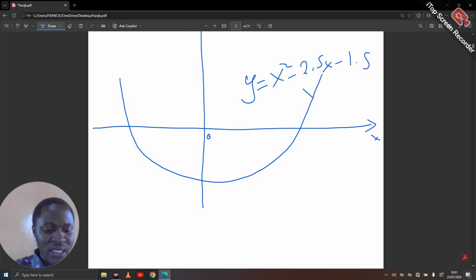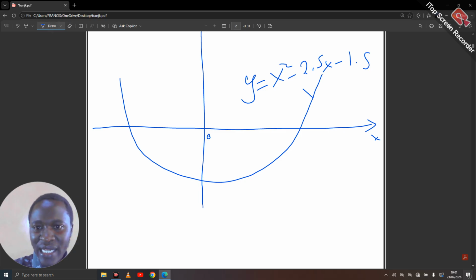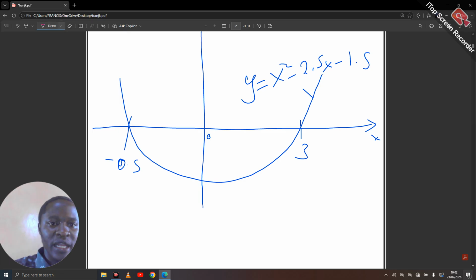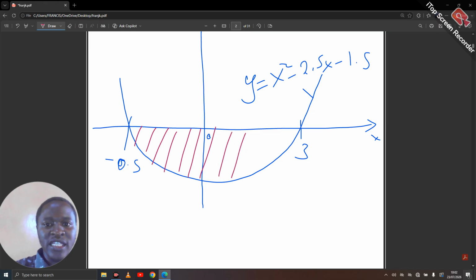Then the curve cuts the x-axis at 3, exactly at this point, and the other point at negative 0.5. Then the shaded area is this one here. Let me shade it with another color. This is the shaded part.